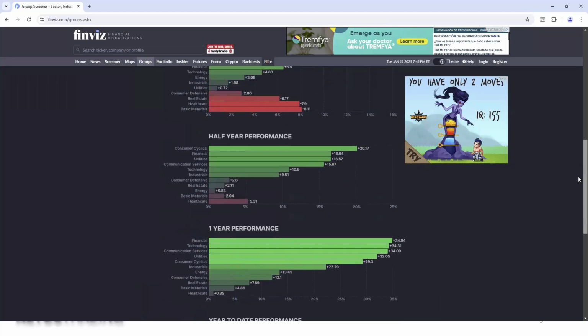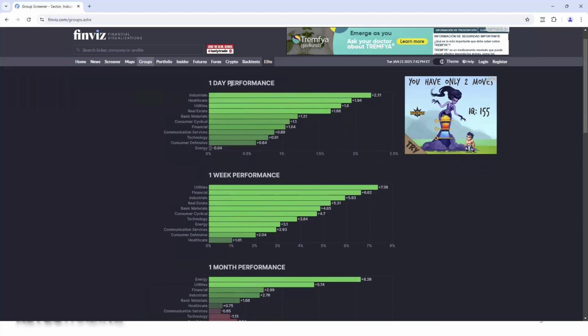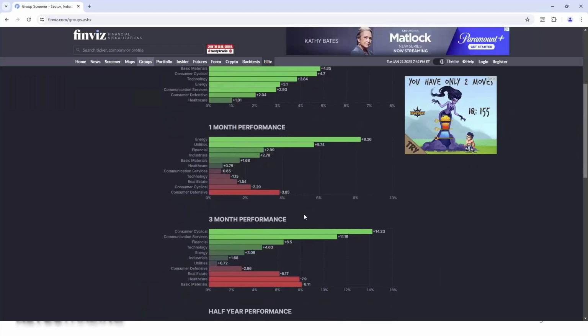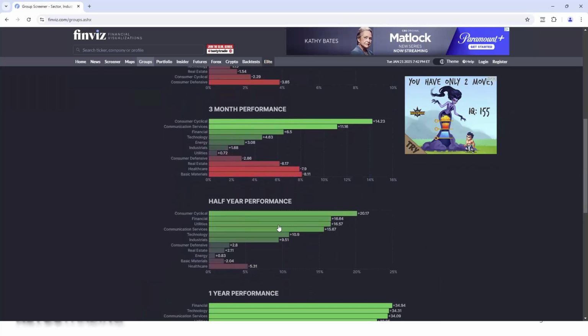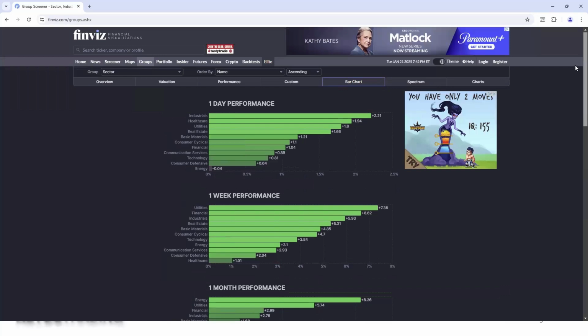But I look for a ranking in the top three over multiple time intervals. So 1 day, 1 week, 1 month. And if I can find a sector that consistently outperforms, ranking in the top three over these time intervals, that's my starting point.